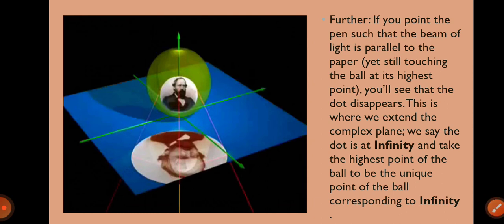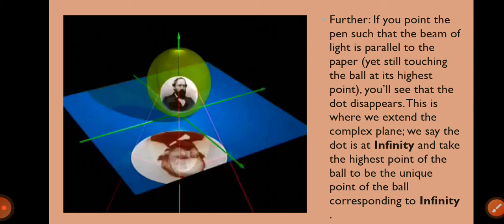This is where we extend the complex plane. We say the dot is at infinity and take the highest point of the ball to be the unique point of the ball corresponding to infinity.